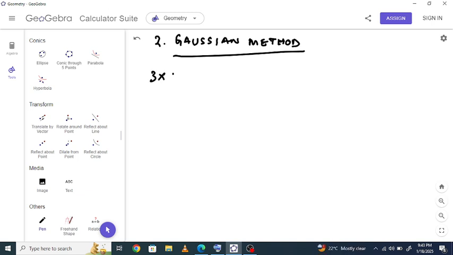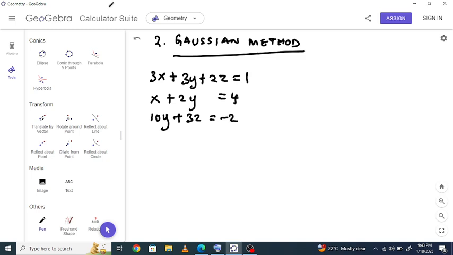So we had 3x plus 3y plus 2z equals 1, x plus 2y equals 4, and lastly our equation was 10y plus 3z equals -2. In the Gaussian method, or Gauss-Jordan or Gaussian elimination method, there are many variations.